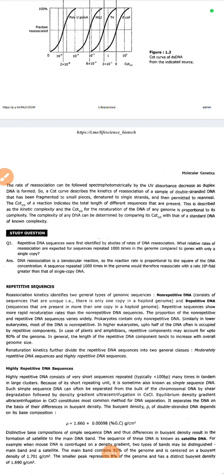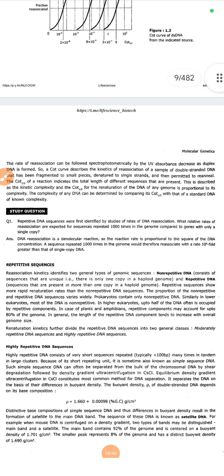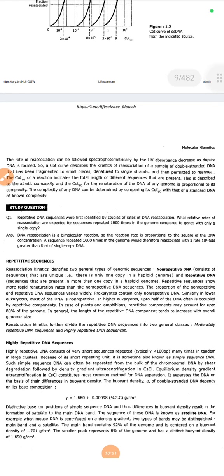Now a question: repetitive DNA sequences were first identified by studies of rates of DNA reassociation. What relative rate of reassociation is expected for sequences repeated 1000 times in the genome compared to genes with only a single copy? One gene is repeated 1000 times, the other is in single copy in the genome.